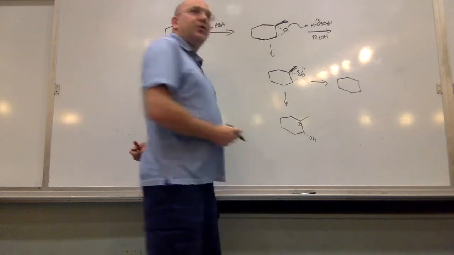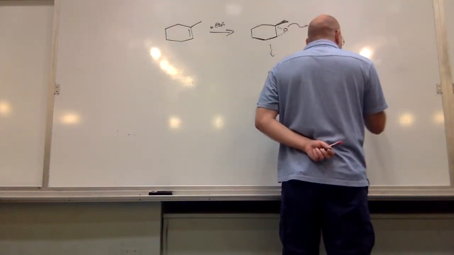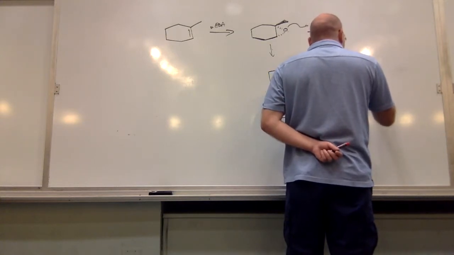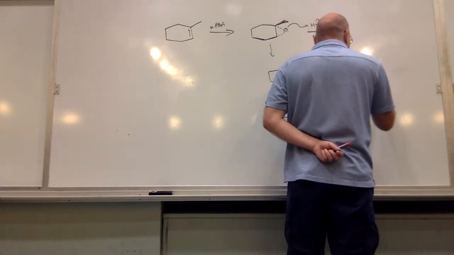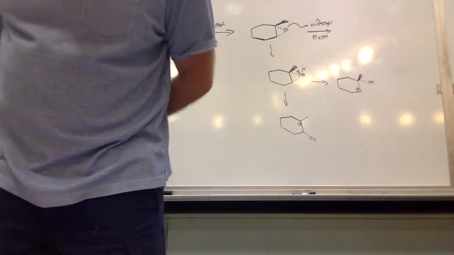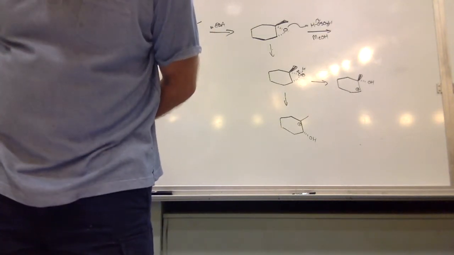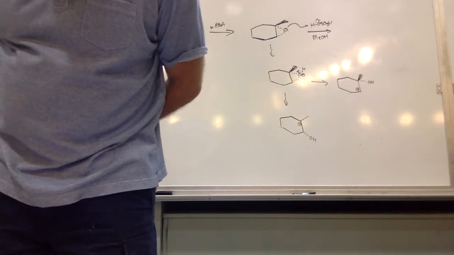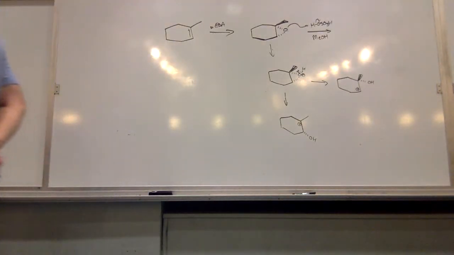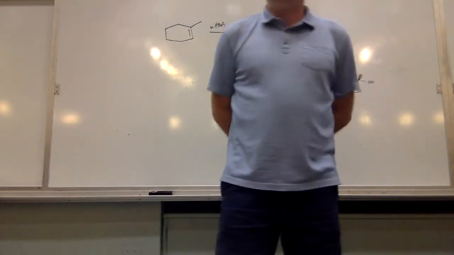We can open up to have a tertiary carbocation, or we can open to have a secondary carbocation. Given those two options, what do we think would happen? If it was an alkene, we'd know. And this is the analogy. Given the options, we're going to open one way.